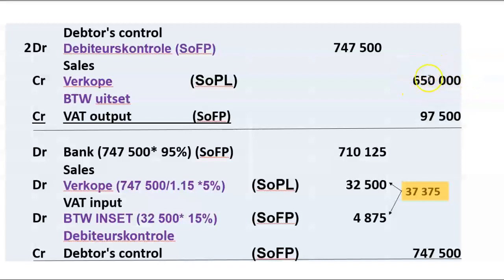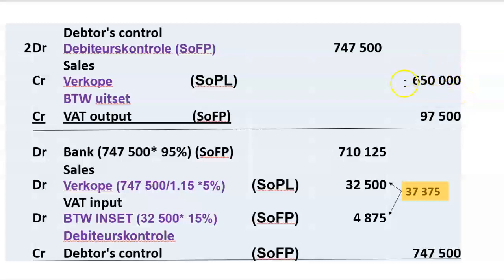But did I realize 100% of the invoice? No, I only realized 95% of the invoice. Therefore, I can only take 95% of the VAT exclusive amount to my sales account. So obviously, when payment takes place and this guy utilizes the settlement discount, I have to adjust my sales figure because this is now an overstated figure lying in my books.